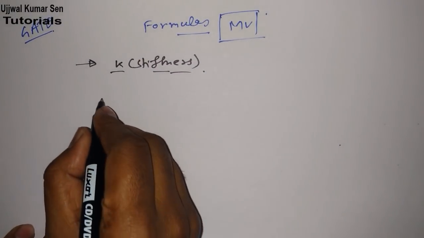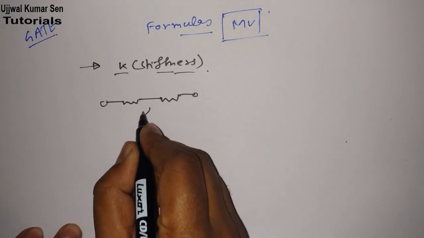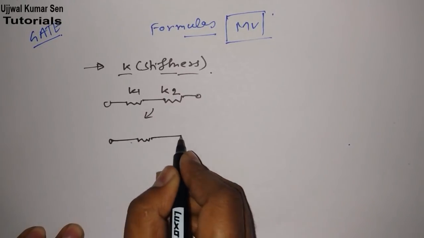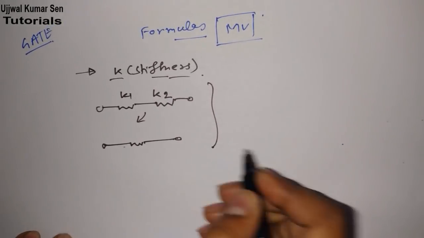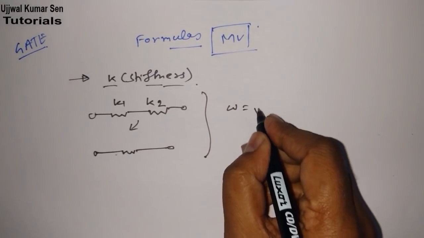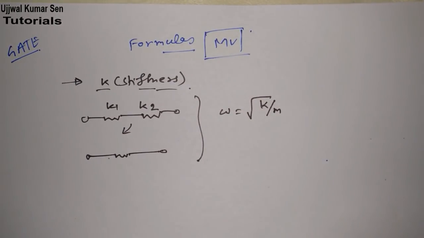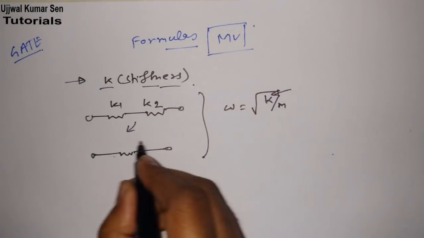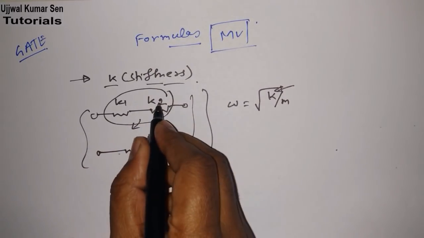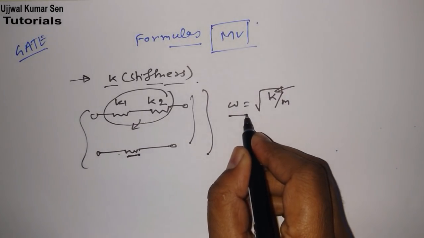Why do we need this? Suppose they ask you to find omega. We know that omega is equal to root under K by M, so we have to find the total stiffness of the system. We have to convert distributed stiffness into a single stiffness to find this frequency.